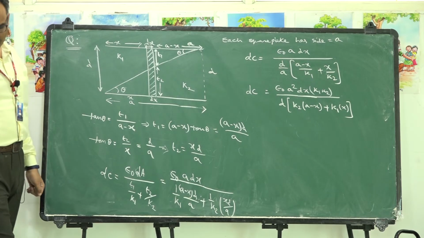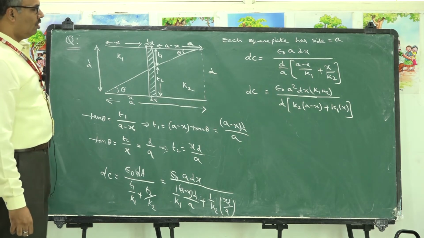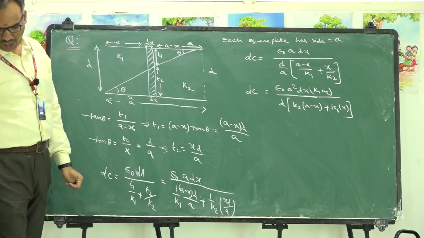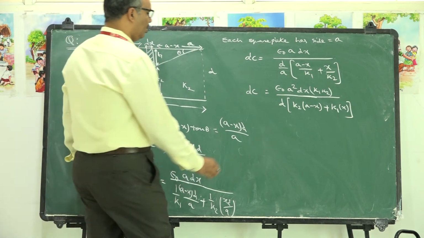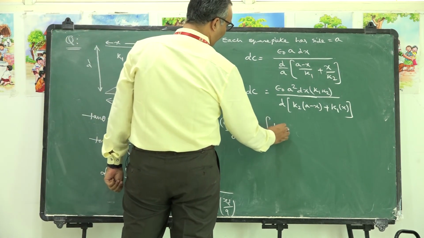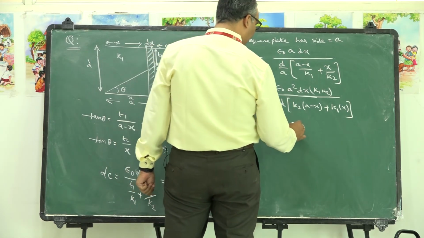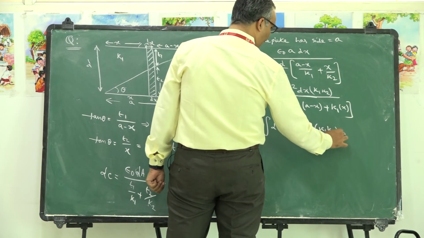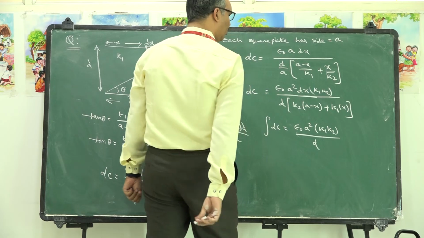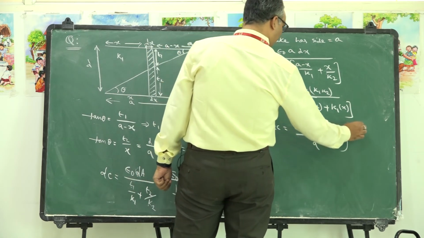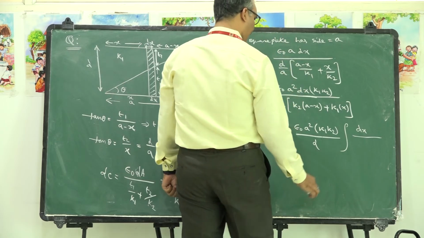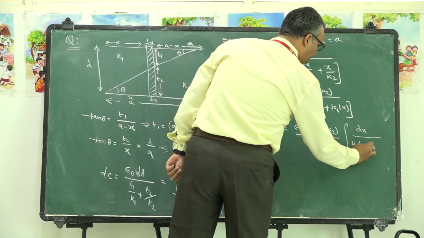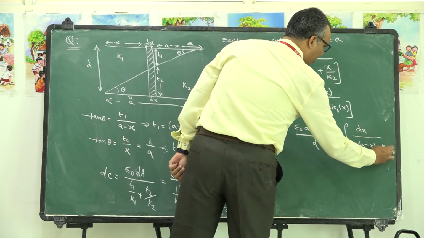Now I need the capacitance of the entire capacitor. In order to do that, I should take the integral. dC is equal to, here constants let me keep outside, epsilon naught A square K1 K2 by d will come as common, integral dx by K2 into (A minus x) plus K1 into x.